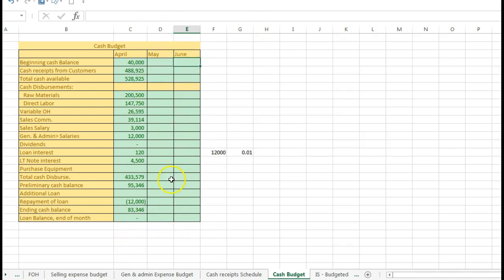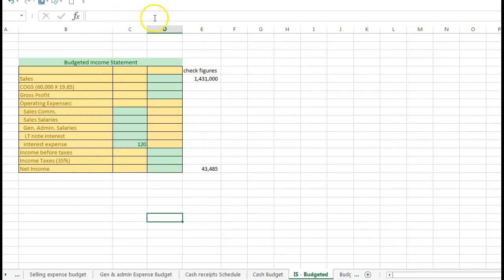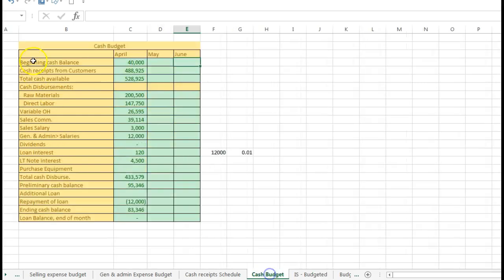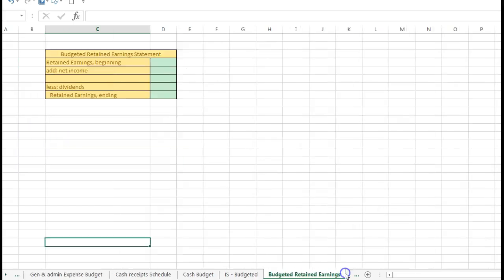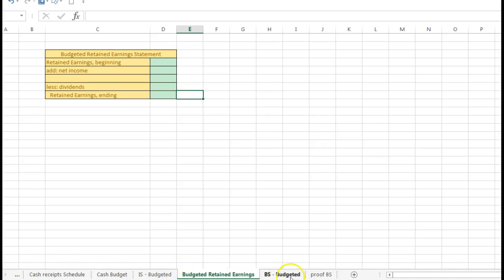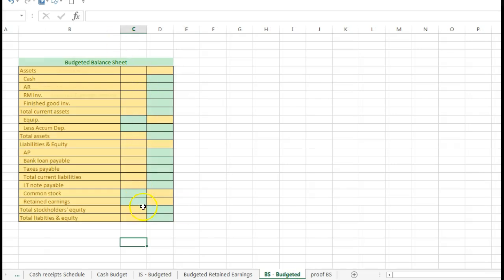But first, okay, let me show you what you're really shooting for here. When you get all three of these complete, you're going to create an income statement from all this information, and you're going to create retained earnings. You're going to add that on to come up with a new retained earnings. And then you're going to do a budgeted balance sheet.